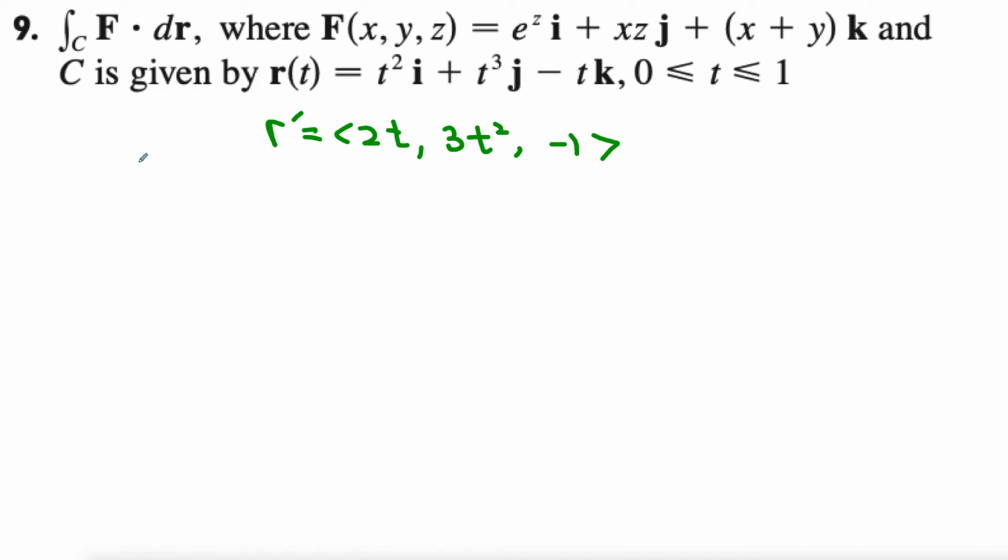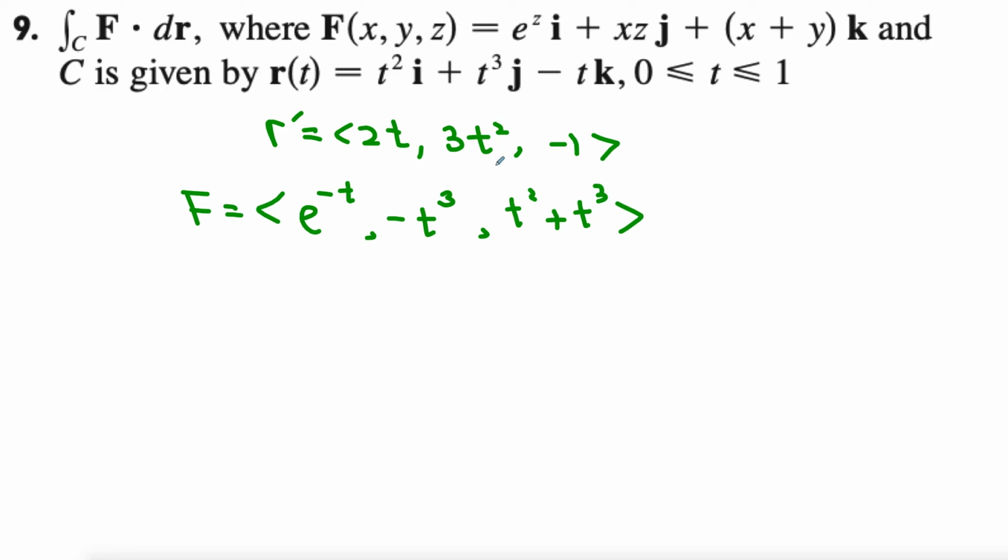Now F can be rewritten as e to the z, which is e to the negative t. And then xz is multiplying this one and this one, so we get minus t cubed. And then thirdly, x plus y, so we have to add up those two. So we get t squared plus t cubed.